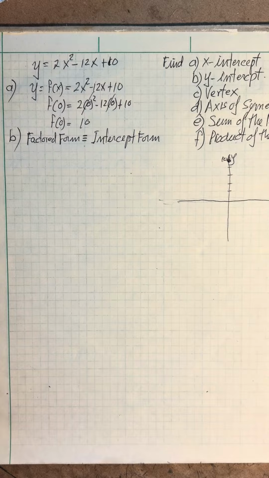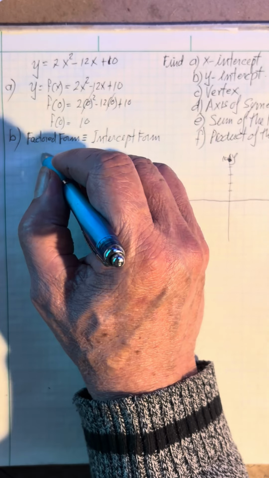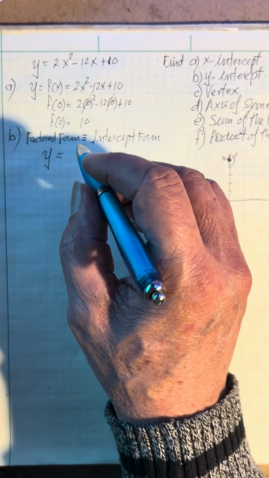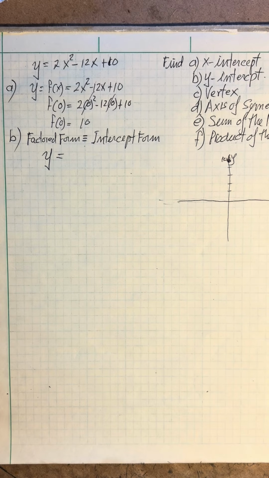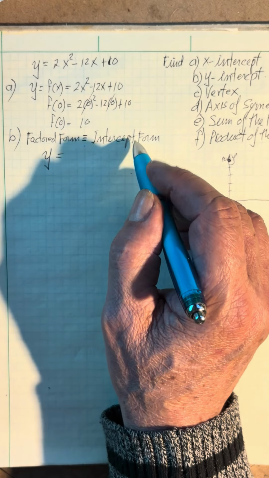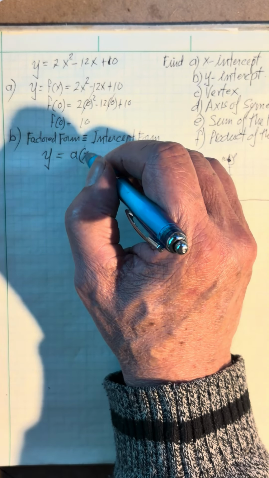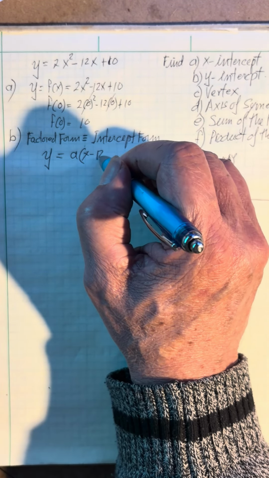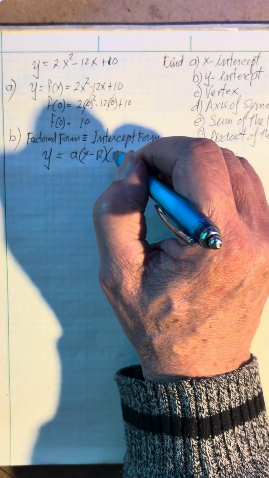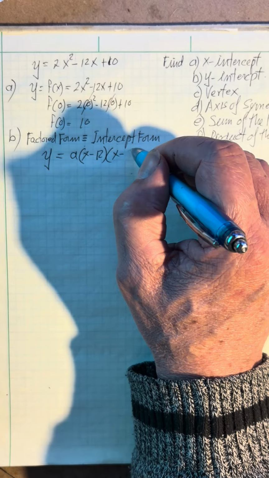So you can call it whatever you want, but it's good to mention it so that you don't think this is a different procedure. It's the same procedure, because the factor form or intercept form is like this: x minus r, x minus s.